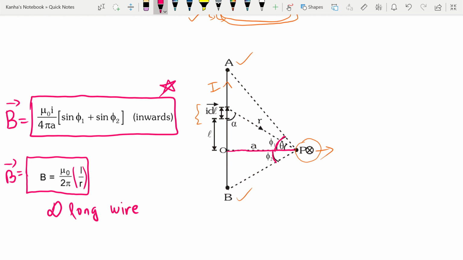So for the infinitely long case, you have your formula 2, which is very simple, mu naught by 2 pi into I by R, or I by A. And for the case of a finite one, you have mu naught I by 4 pi A (sine phi 1 plus sine phi 2).